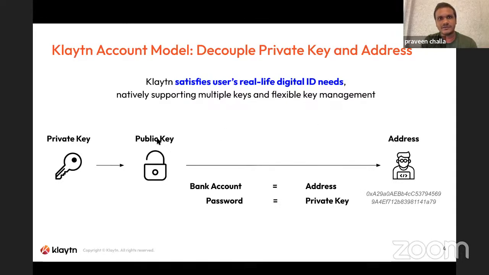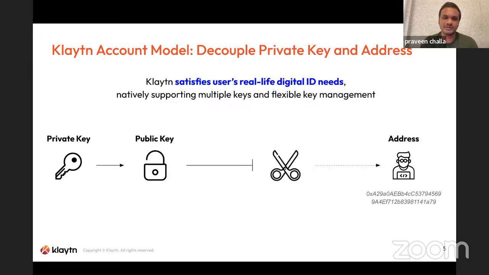This is the normal Ethereum way, and most EVM chains have this structure. Because of this, we will not be able to update a private key, and if we lose the private key, we have these problems.